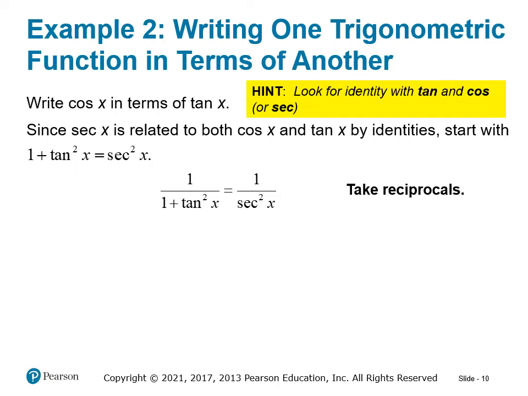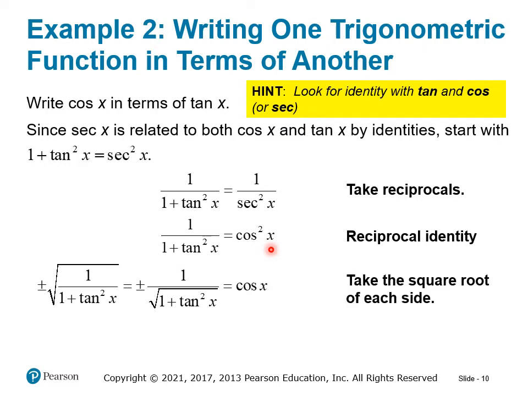So notice if we reciprocate this entire equation, 1 plus tangent squared equals secant squared, we already have cosine squared on the right side of the equation. And so now we have cosine squared defined in terms of tangent squared. So we can easily find cosine in terms of tangent by simply taking the square root of both sides.